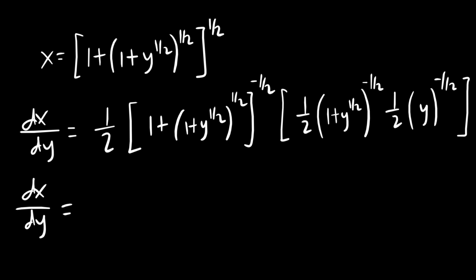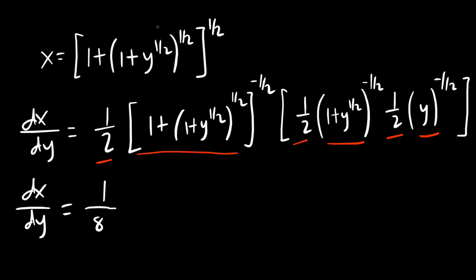So we have 1 half times 1 half times 1 half. So we have 1 over 8. So just copy this term, this term, this term.